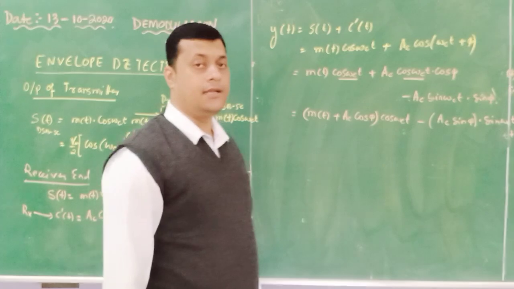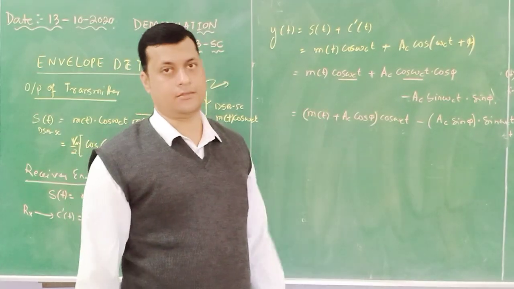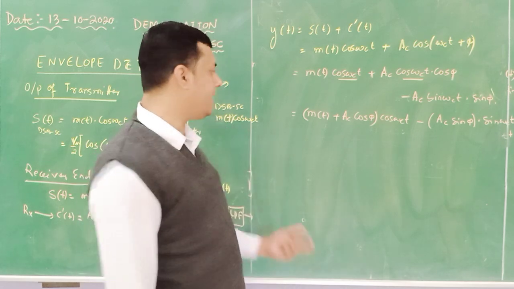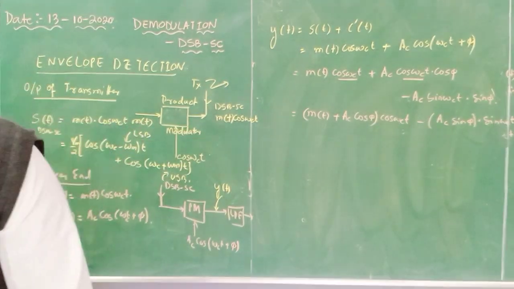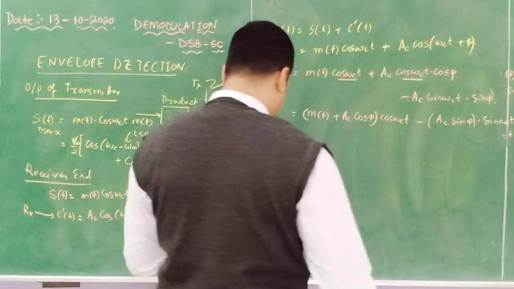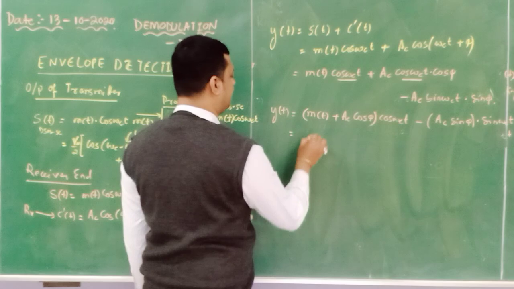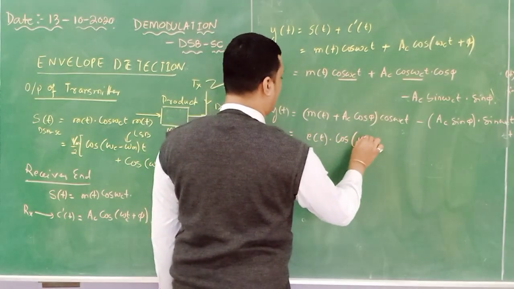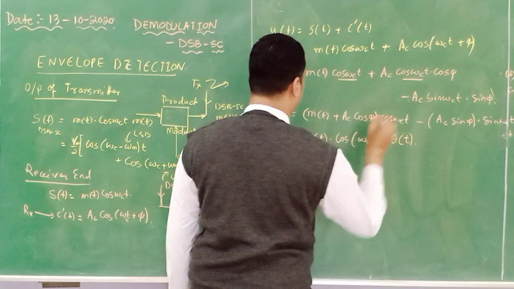Now I need to identify the magnitude of this, so that from that magnitude the envelope will be created, and from that envelope I can extract the message component. Now in that envelope you need to write y of t is equal to E of t into cos(omega ct plus theta of t).